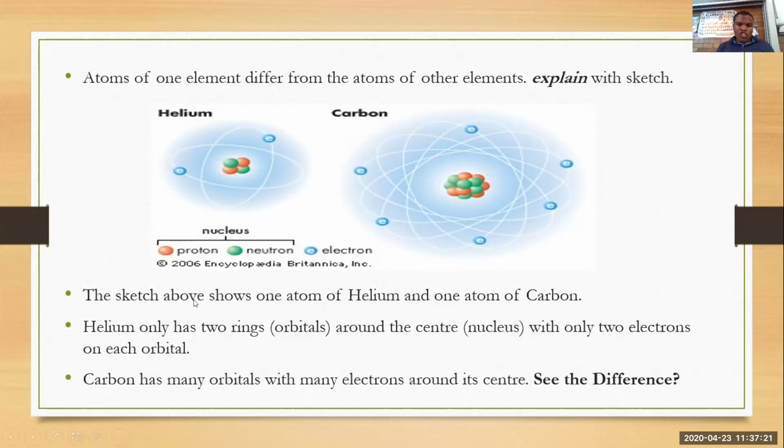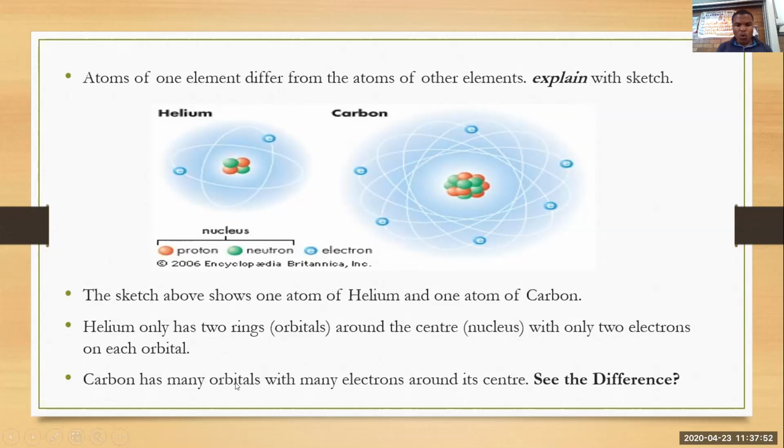Good. So the sketch above shows 1 atom of helium and 1 atom of carbon. Helium only has 2 rings or 2 orbitals. The orbitals or the rings around the center are referred to as energy levels. And the centers are referred to as the nucleus, with only 2 electrons on each orbital.